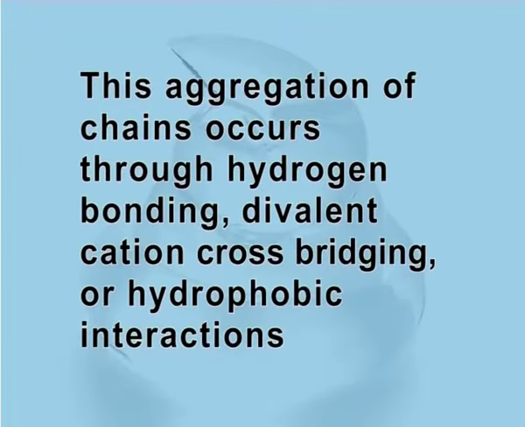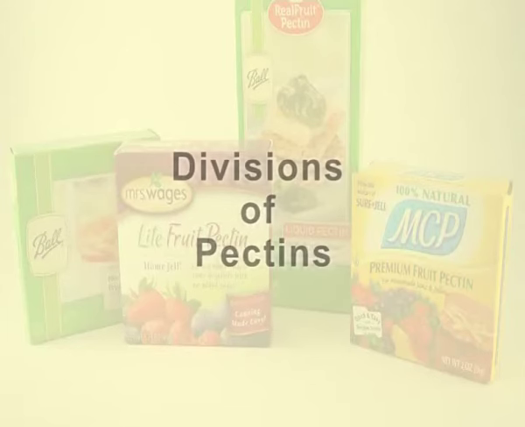This aggregation of chains occurs through hydrogen bonding, divalent cation cross bridging or hydrophobic interactions. Pectin contains pectinic acids as major components, which are water soluble and able to form gels under appropriate conditions.